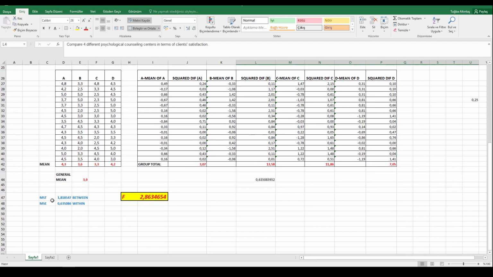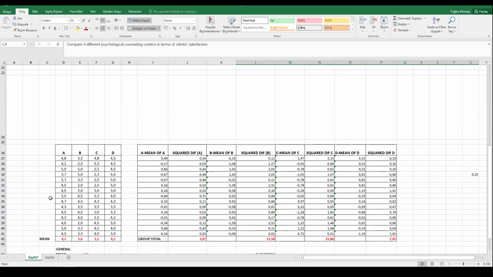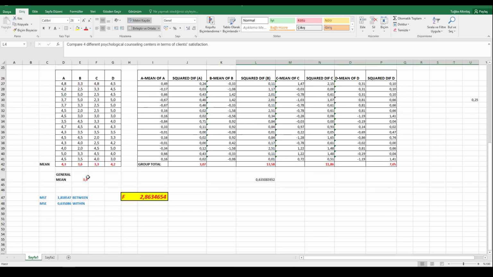First, we need to calculate MST, or the variance between. What do we need? We need the general mean. This is the mean, 3.9. We don't care about groups. We observed 60 people, and 3.9 is the mean of 60 numbers. This is the general mean.